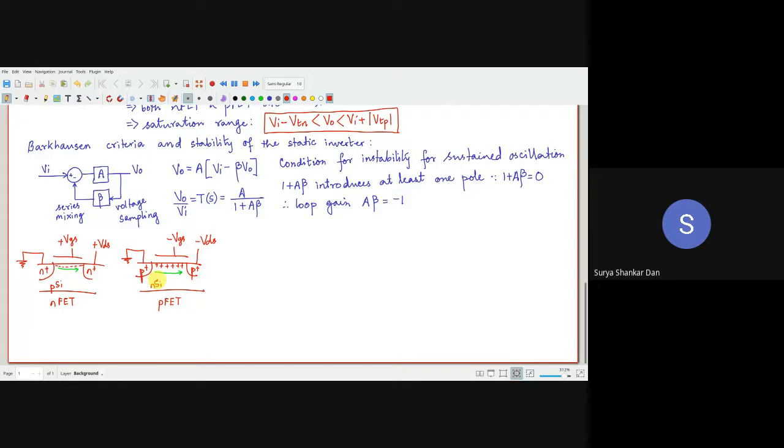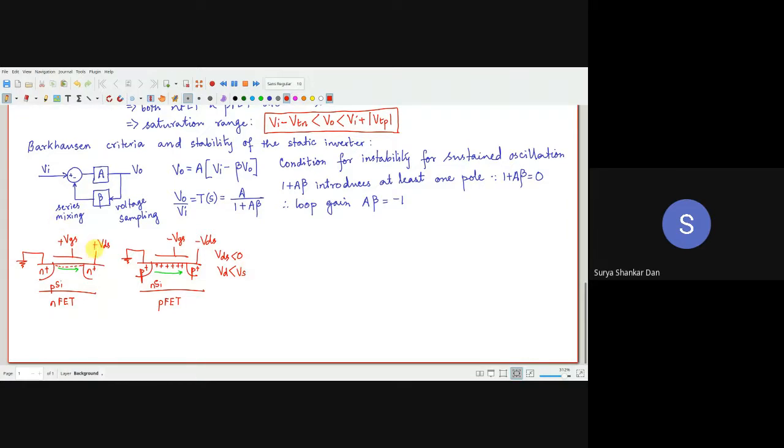Now the thing is, if you have to attract the holes towards the drain, there is another option. आपका objective is to make sure that VDS is negative. That means, in other words, VD minus VS is negative. This is very simple. All of you can understand that VD should be less than VS. Okay.